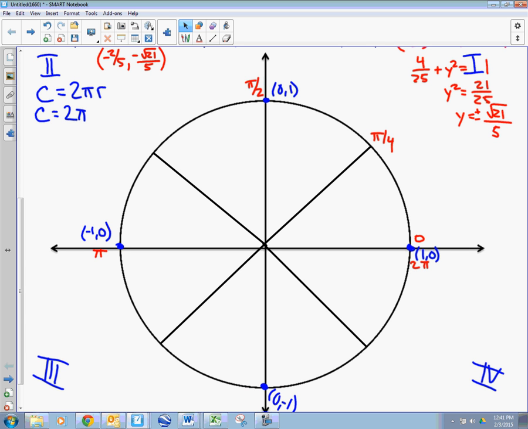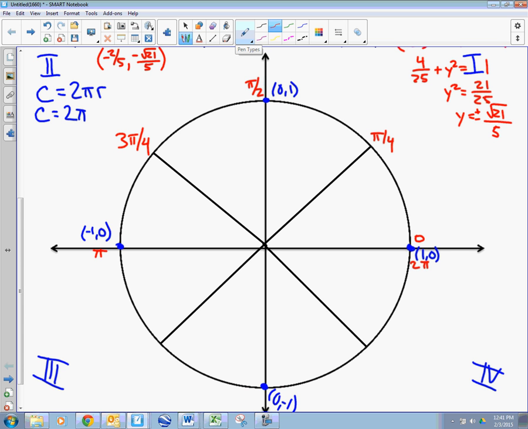Watch. I walk from here to here. I've walked 1 pi over 4. If I walk from here to here, how many pi over 4s have I traveled? 2 pi over 4, which is the same as pi over 2. If I walk from here to here, I walk 3 pi over 4.